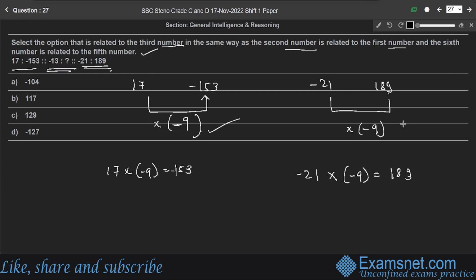Similarly, for the second pair, minus 13 into minus 9 is plus 117. Therefore, option B is the right answer. Plus 117.